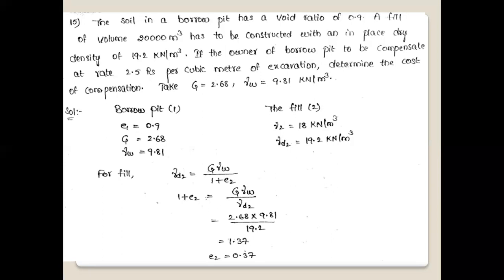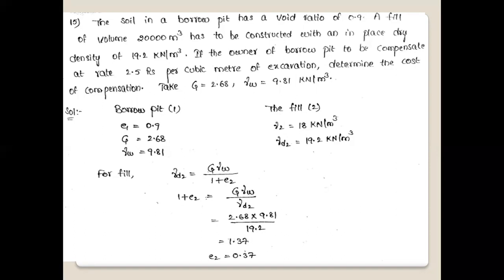The soil in the borrow pit has void ratio of 0.9. A fill of volume 20,000 cubic meters has to be constructed with an in-place dry density of 19.2 kilonewton per cubic meter.